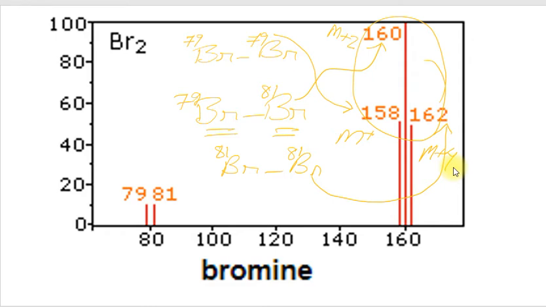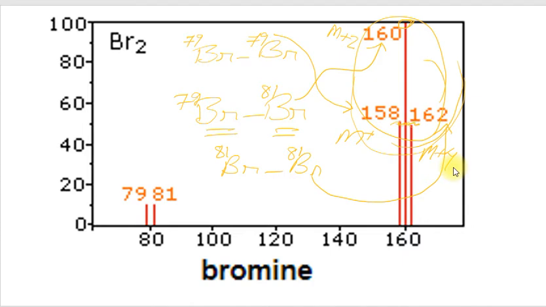In such spectra, when you have 3 molecular ion peaks of this nature, as you can see here, the M plus 2 peak is double the height of the other peaks.